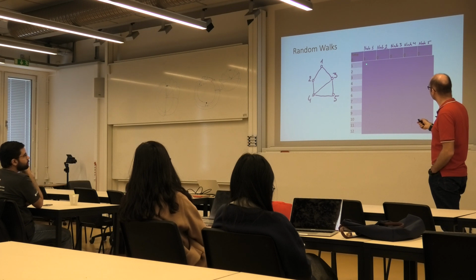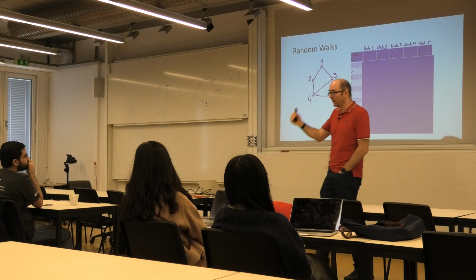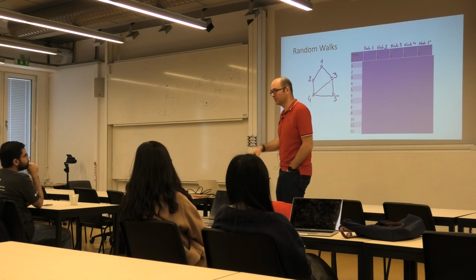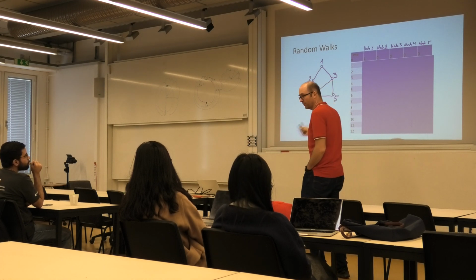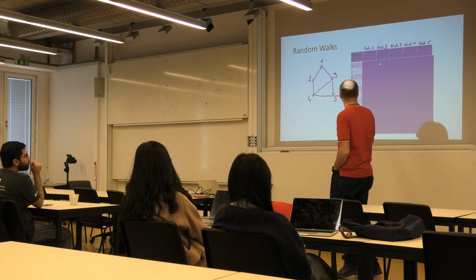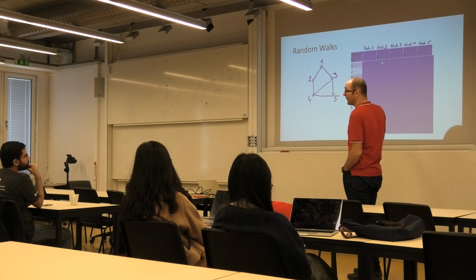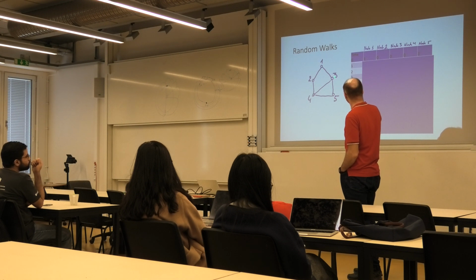What's the probability for node 1? Zero, for sure, because a random walk implies that you have to go somewhere. You cannot stay, unless there is a self loop, but we don't have a self loop here. And here? 50%, because you go either here or there with half, so it would be 50, 50, 0, 0.